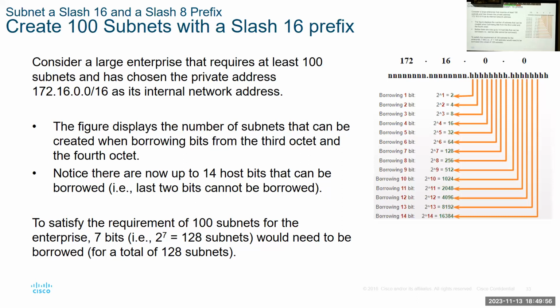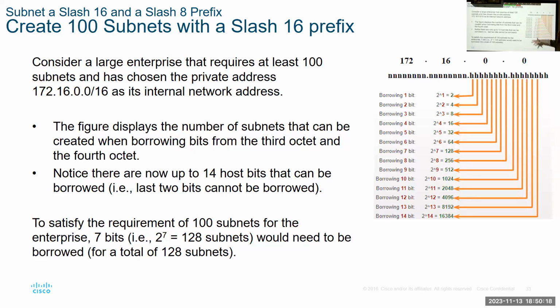It was 16 bits, now it's 23 bits long. It gives you more than 100 because everything's going to be in powers of 2. So you get the closest value that meets your requirement. You can't necessarily be exact.